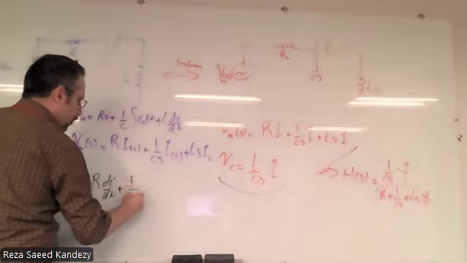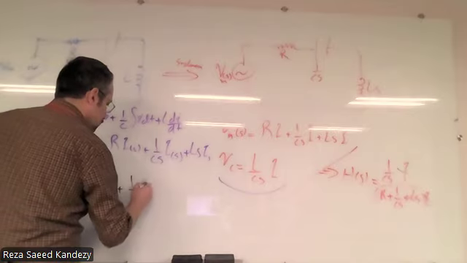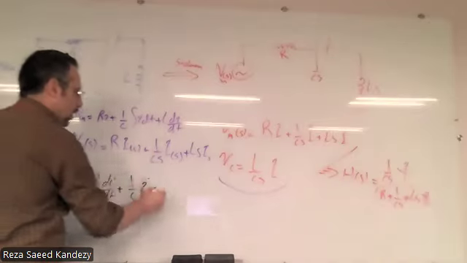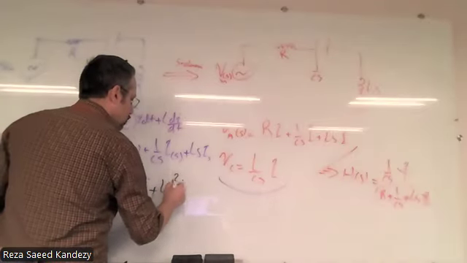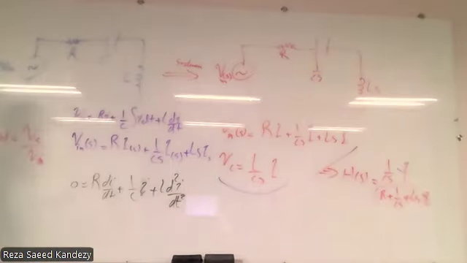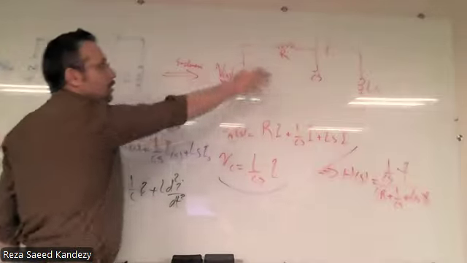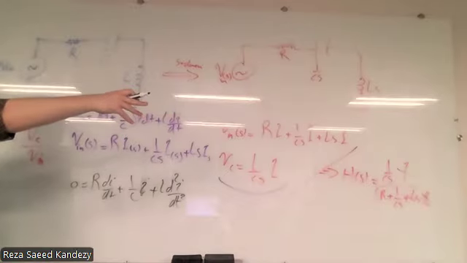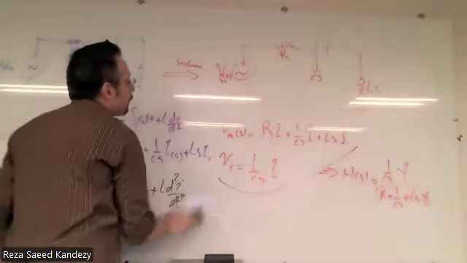This one becomes 1 over C I, and this one becomes L, the second order differential of I. Are we good? Now, are you good with the red part? I wanted to erase that.